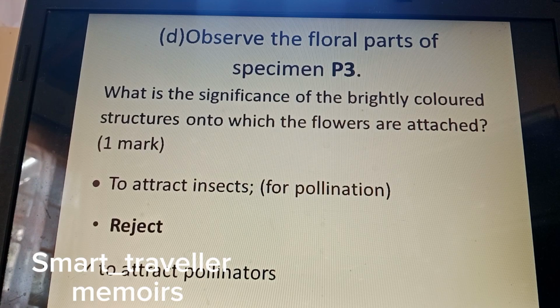Okay, you don't need to say for pollination, but it is good. You are good biology students if you say to attract insects for pollination. Reject to attract pollinators. That one will be rejected.